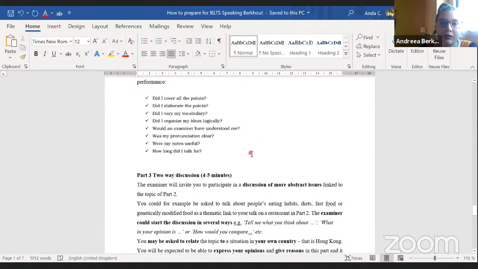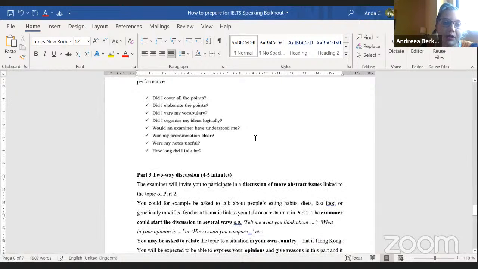For example, did I cover all the points on the cue card? Did I elaborate on them, which means did I give enough details? Did I use sufficient, varied vocabulary? Did I organize my ideas logically? These are for you to self-assess after you record yourself and listen to the recording.